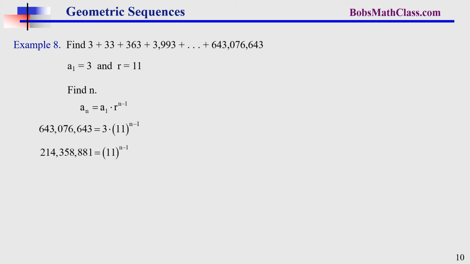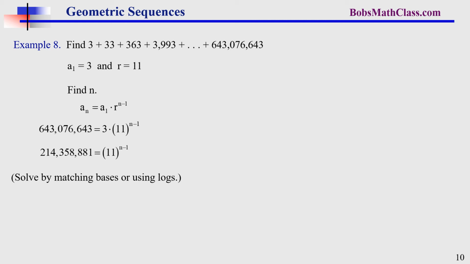Okay, so now once again we talked about logarithms or matching bases. You could do logarithms. You could take the log of both sides to bring the n minus 1 down in front of the 11. Or you could simply use your calculator and figure out 11 to what number is the number that we have on the left-hand side. I don't know that off the top of my head.